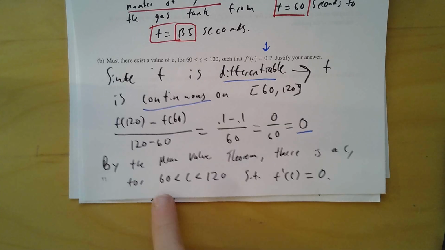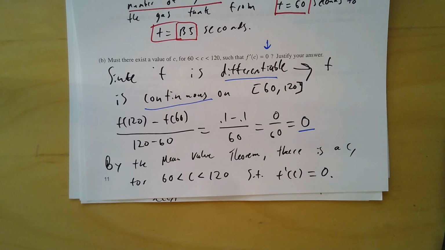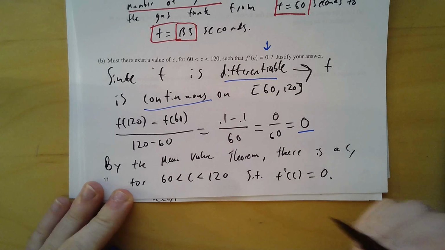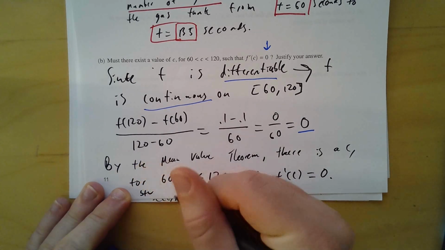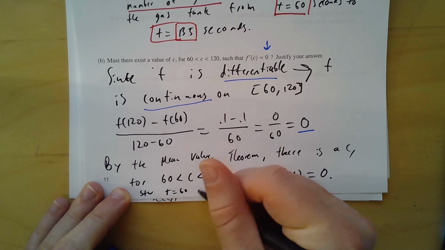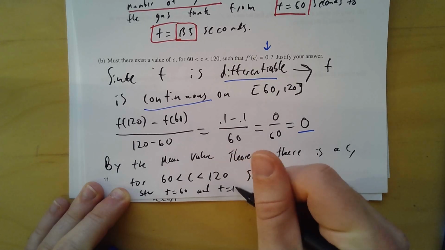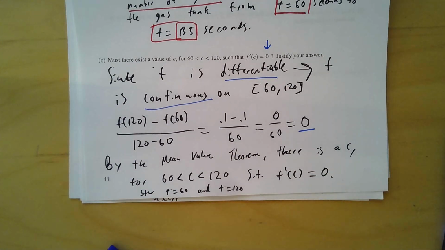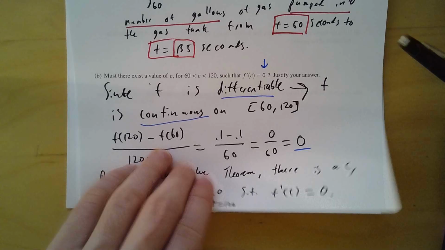If you didn't want to say this, you could say between t equals 60 and t equals 120. But generally, I would say it just the way I did, if possible.